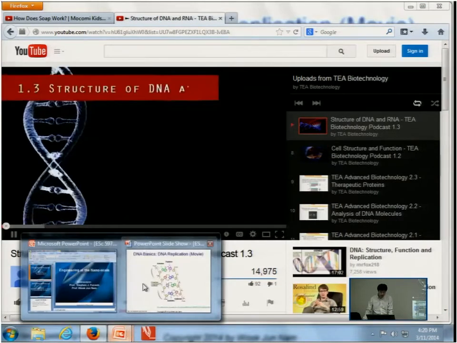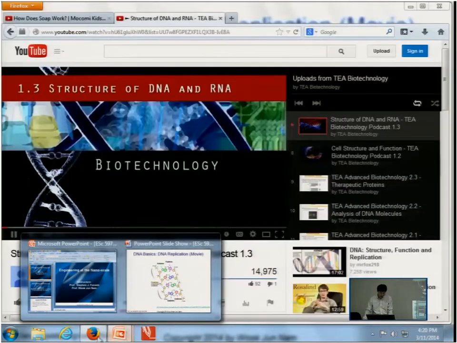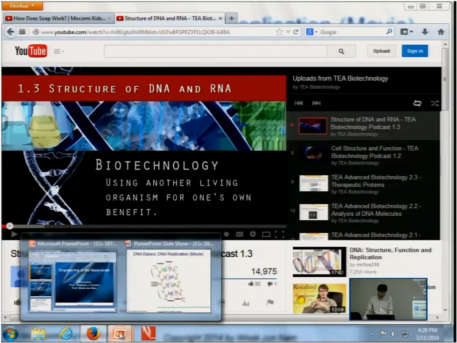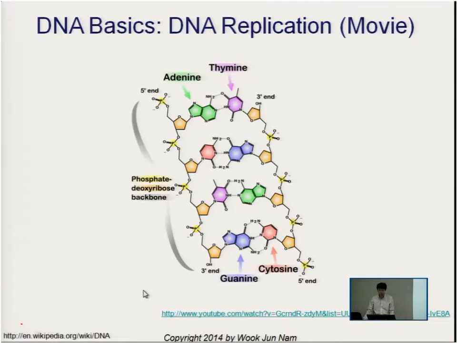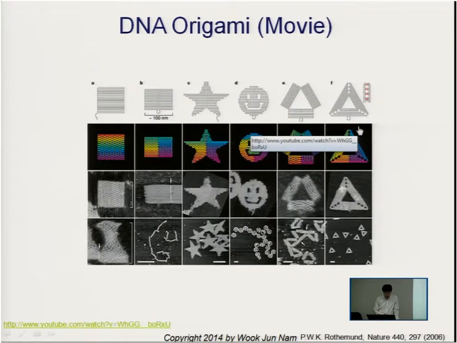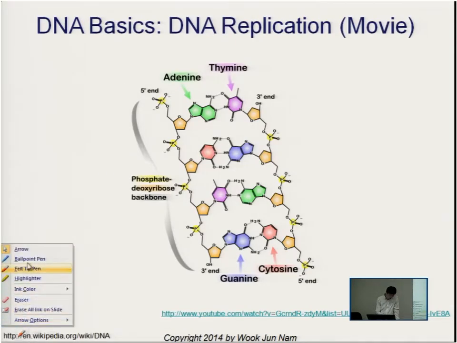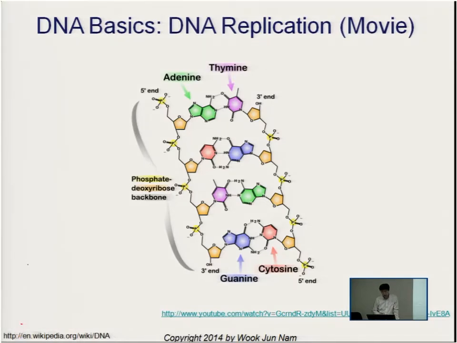Biotechnology capitalizes on the attributes of cells. This replication process is pretty useful when people want to multiply DNA samples. When people have DNA and want to multiply the number of DNAs, they use polymerase chain reaction.